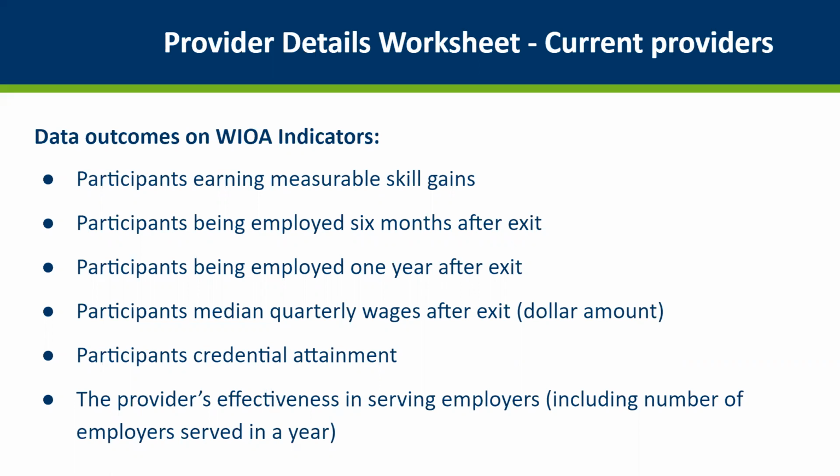So that includes measurable skill gains, it includes employment data, it includes median quarterly wages, it includes credential attainment, such as GED or high school diploma or other credentials, and it includes effectiveness in serving employers. So that's some of the data that we expect that current providers would have.